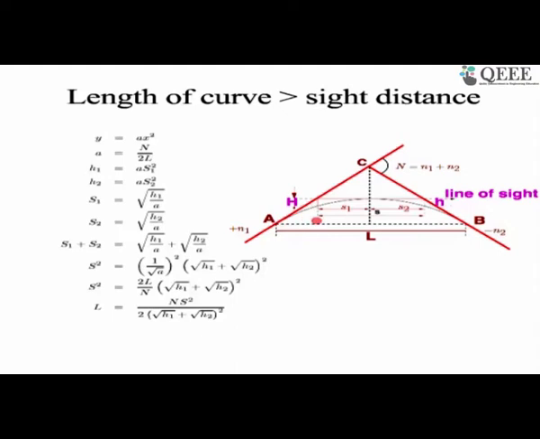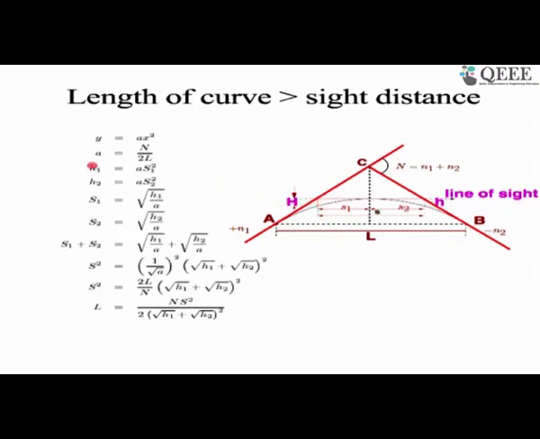Now we know that we have the driver eye height and, on the other side, the object height. If we have driver eye height capital H in this case and object height small h, this is my height, this is my line of sight and this is the object on the other side, then only I can see the object. So we need to find out what this distance should be, which should meet the sight distance.